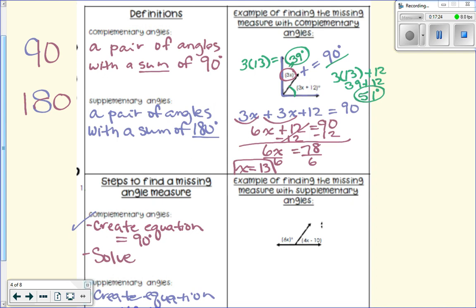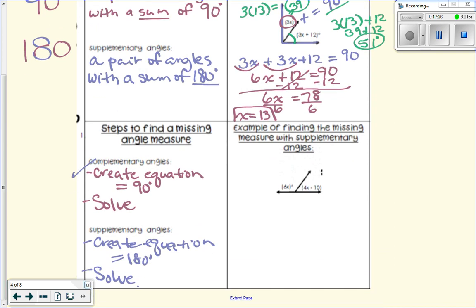All right, let's look at our example of supplementary angles. It's any pair of angles that add up to equal what? 180. Good. And what do you notice here? They both lie on a straight angle. So our first step is to create our equation, which is 6x plus 4x minus 10 equals 180.